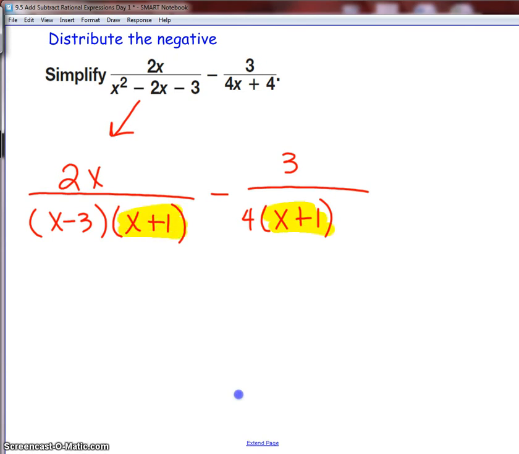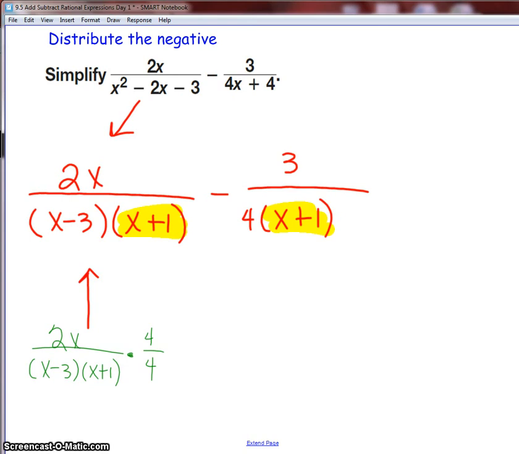Now, what is missing over here on the left side, it's missing a 4. So I have to multiply this fraction by a 4. So it's going to turn into this. On your other fraction, it's missing an x minus 3.